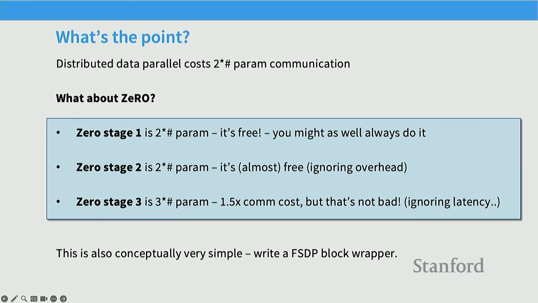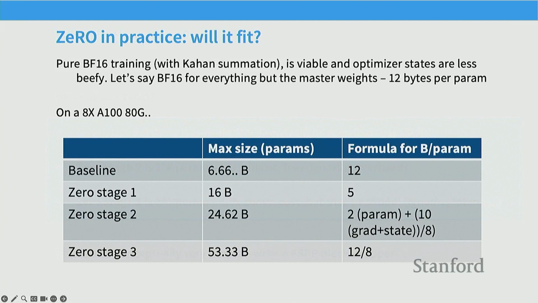One of the advantages here is, especially, data parallel doesn't care too much about the architecture, right? I didn't talk at all about how we actually implement a transformer in any of this. It's all very abstracted. And so this is one of the reasons why, for example, FSDP is so popular. It's very easy to write a wrapper that parallelizes arbitrary neural networks without having deep introspection of what the architecture is actually doing.